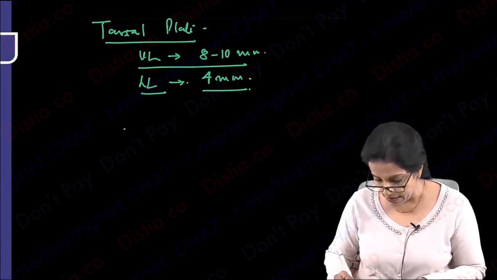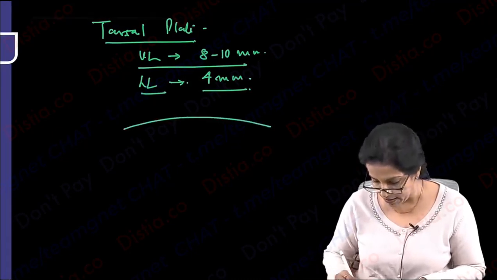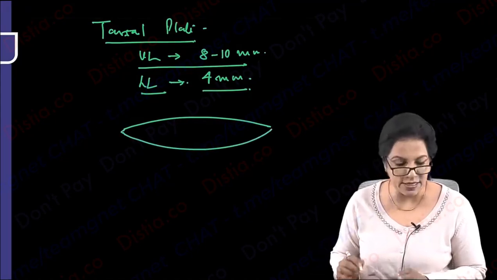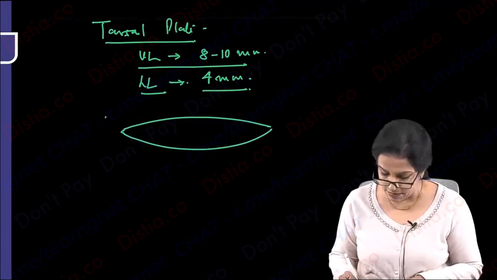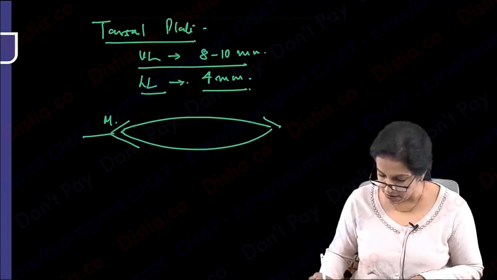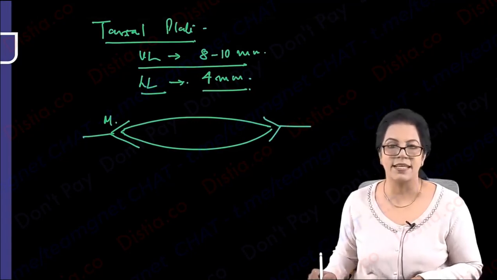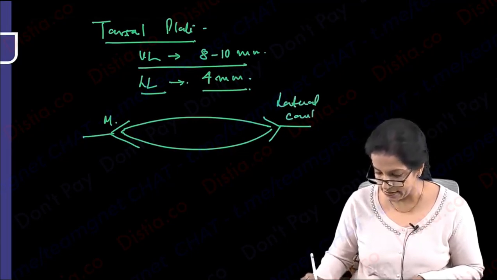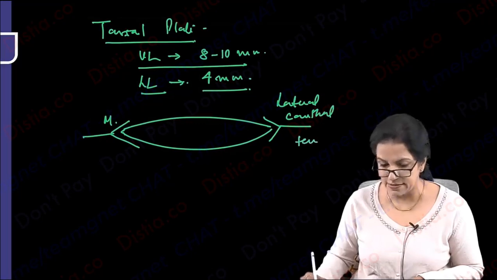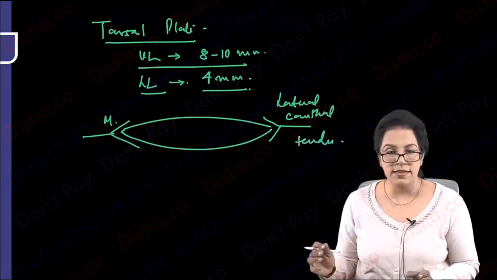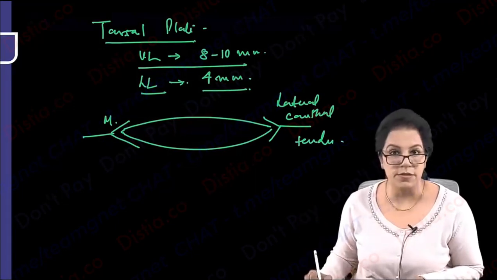Then we talk about these two tarsal plates, as I mentioned earlier also. They will join at the medial and lateral canthal tendons. These are Y-shaped with 3 limbs, the medial canthal and the lateral canthal tendon. So this is your lateral canthal tendon, which is again a part of orbicularis oculi.